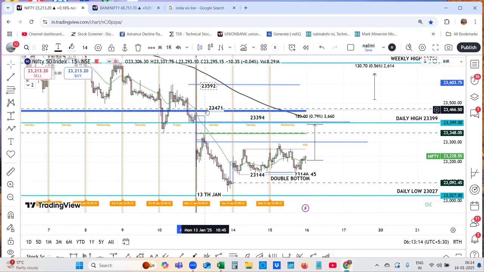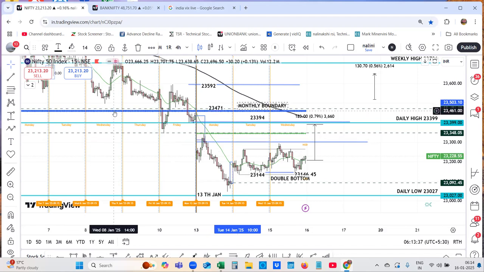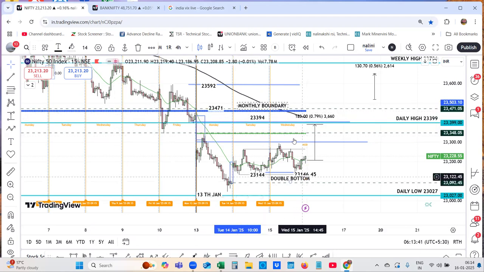You can see over here, that blue color line, dots, is showing a monthly level, monthly boundary. This is monthly boundary. Let me write it down. This is weekly boundary.